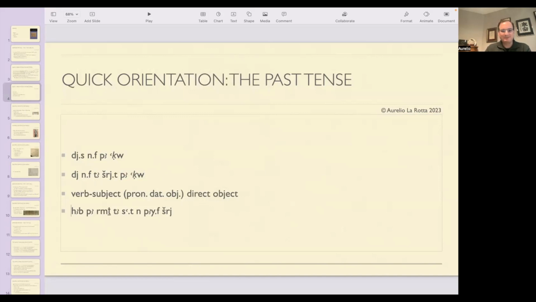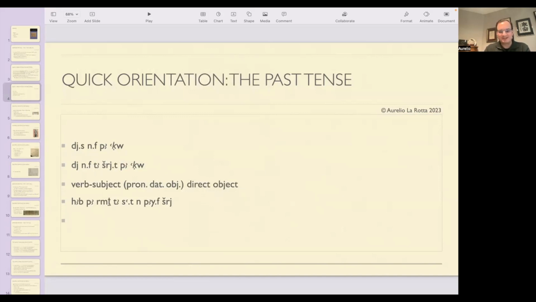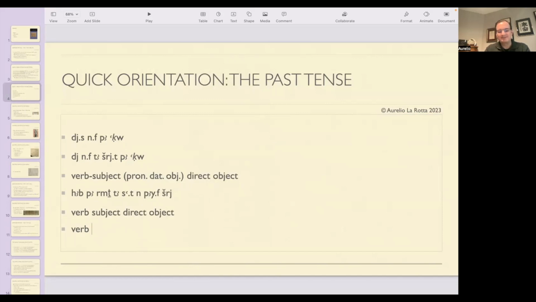So that's overall how it works. Let me maybe write the two structures down for the past tense. Basic structure is verb, subject, direct object. Geez, this is complicated.